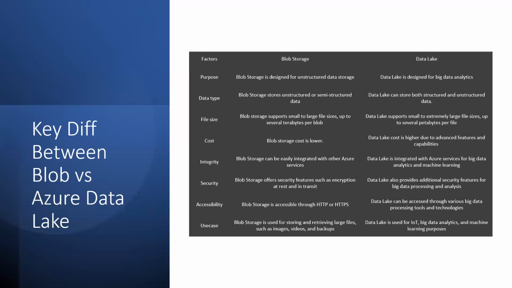I'll show you examples of JSON, CSV, Parquet, and Avro files. There are different file formats that we get from the source systems. As for file size, blob storage supports large sizes, up to several terabytes per blob. But coming to the data lake, it can store extremely large files, several petabytes.